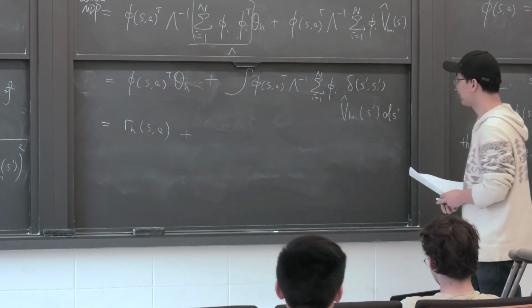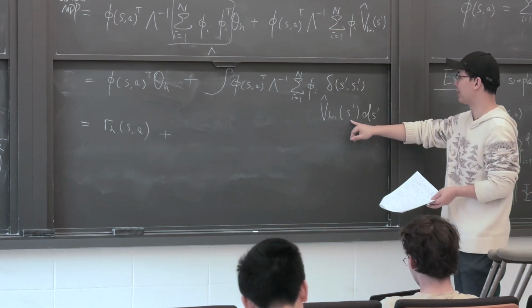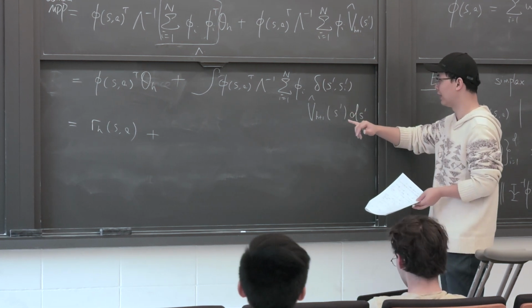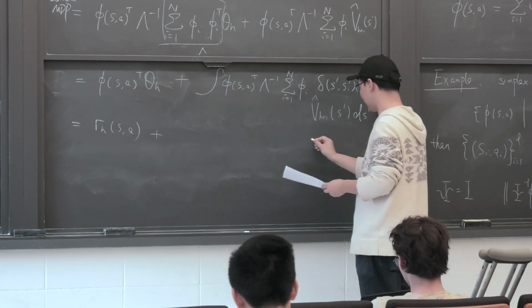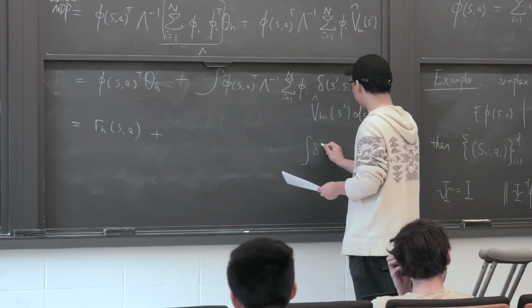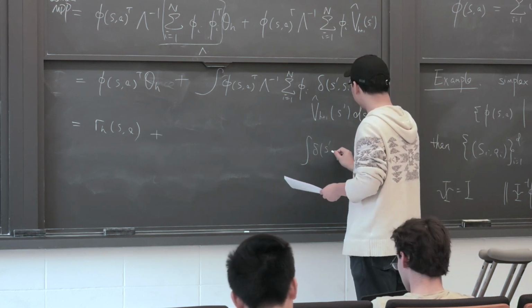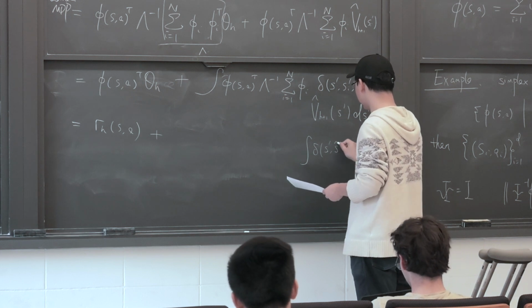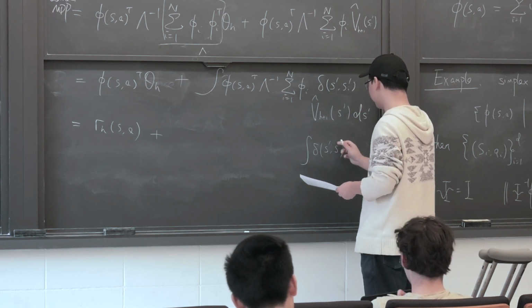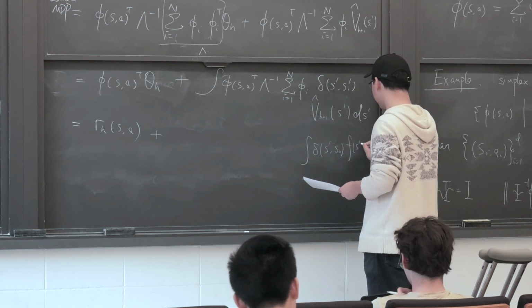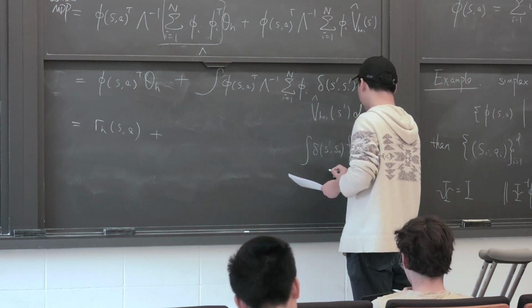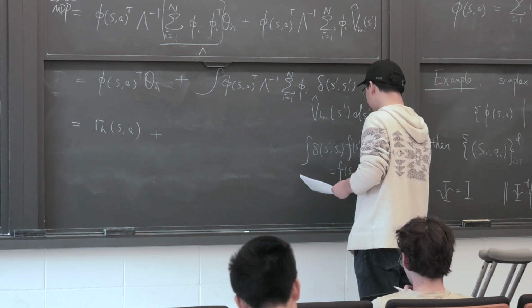So this is an integration over s', and the Dirac delta function is essentially such that the integral of delta(s' minus s_0) f(s') ds' equals f(s_0).